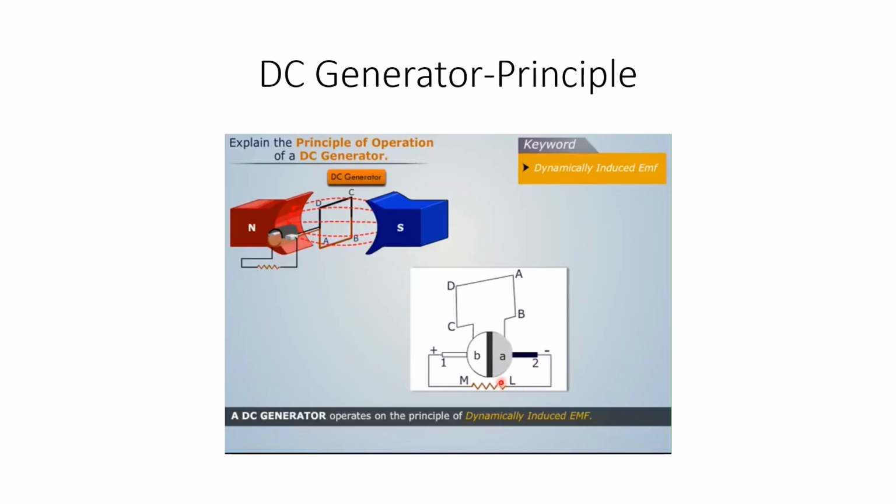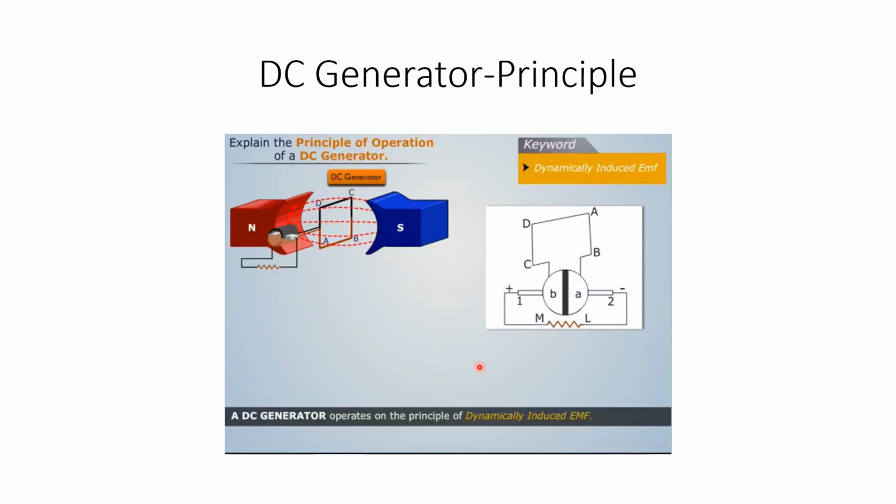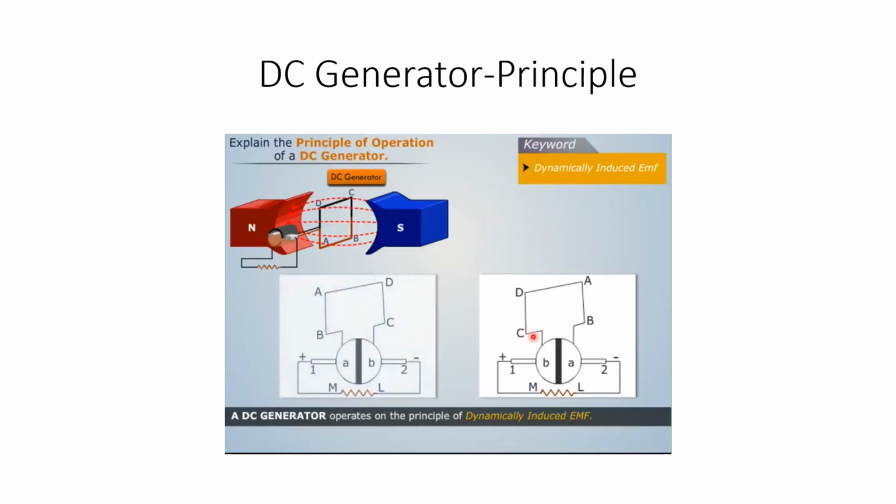Without the commutator action, if you take the commutator out of the DC generator, it will produce alternating current and the current direction will reverse. But because of the commutator action, we get current in the same direction.